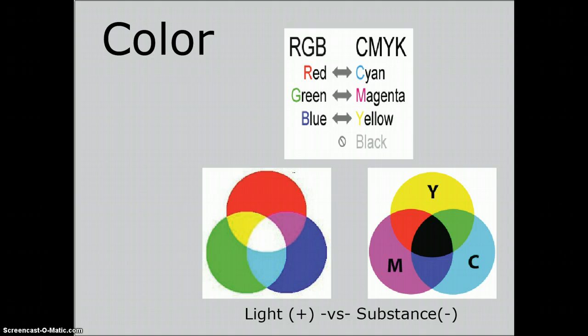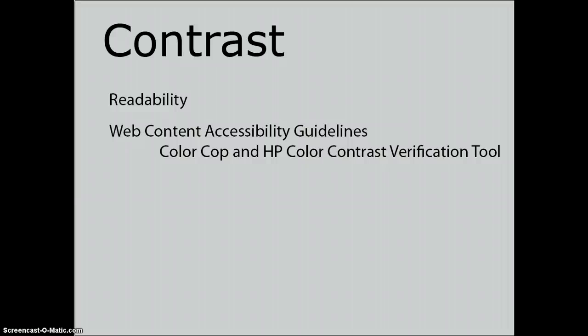Next, we're going to look a little bit at contrast. Contrast has to do with readability. As I read and researched more about it, I looked at web content accessibility guidelines, basically meaning what type of colors are good for people who are handicapped, who are visually impaired. What can they see and what can't they see?